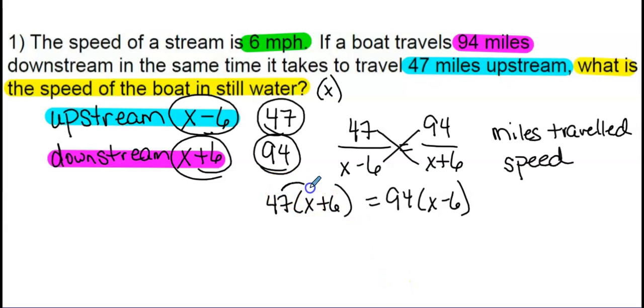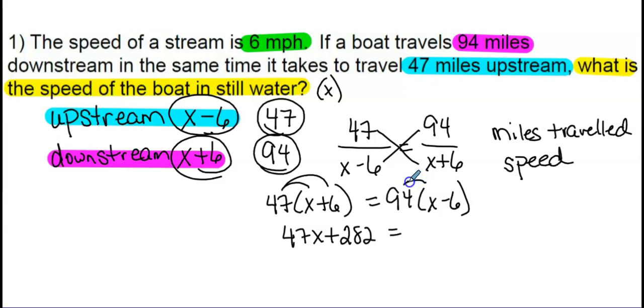So I have to distribute the numbers into the parentheses. So 47 times X is 47X plus, what is 47 times 6? Let's see. 282, it looks like. I'm going to check that. That's what my key says. 47 times 6, 282. Okay.